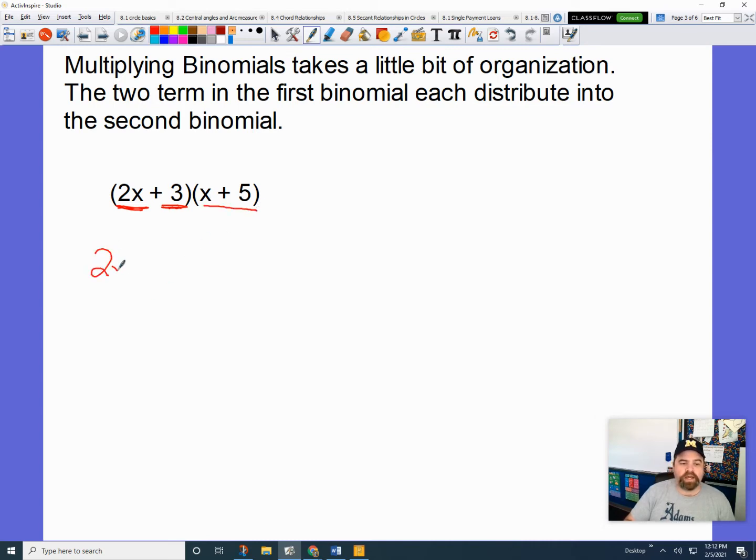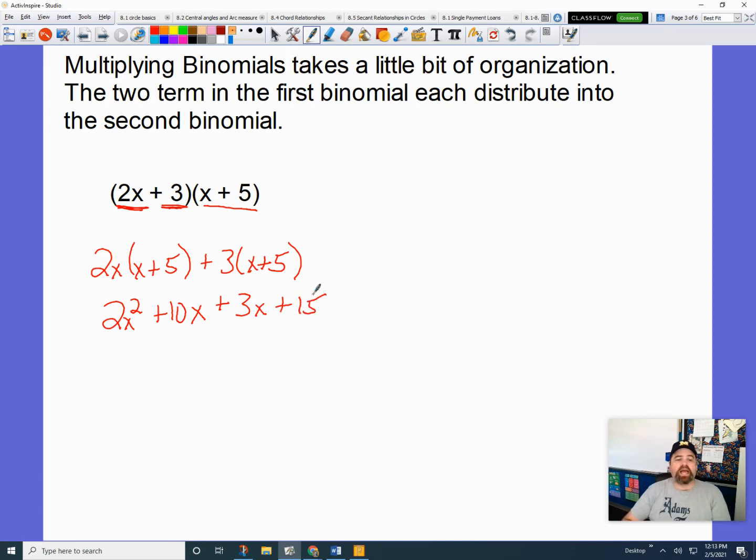So I'm going to take 2x times x plus 5, but then I also have to take this plus 3 times the x plus 5. So each of these terms is going to distribute into the x plus 5. That's going to give me a 2x squared, a 10x, a 3x, and a 15.